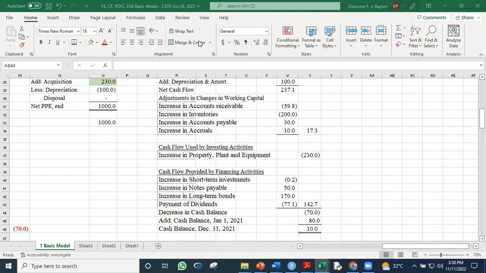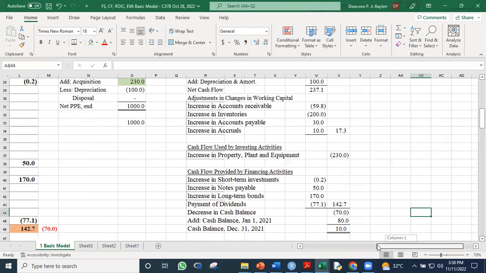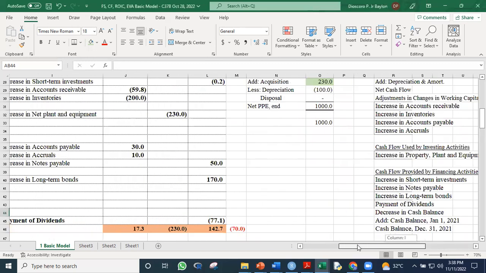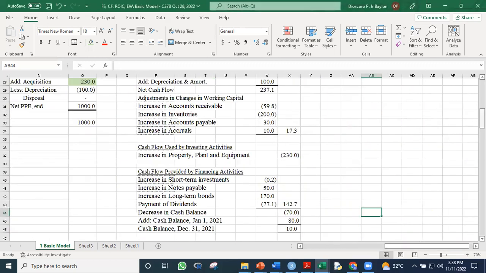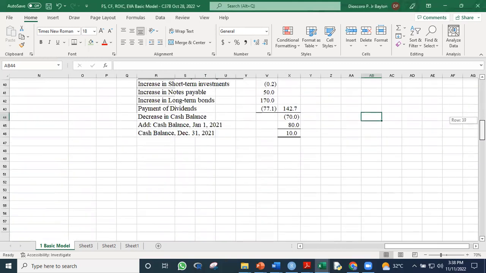But if you're given property, plant, and equipment at cost, then no need to compute for the acquisition because the difference will be your acquisition. Okay, good. All right, so that completes our exercise, our activity on the statement of cash flows.